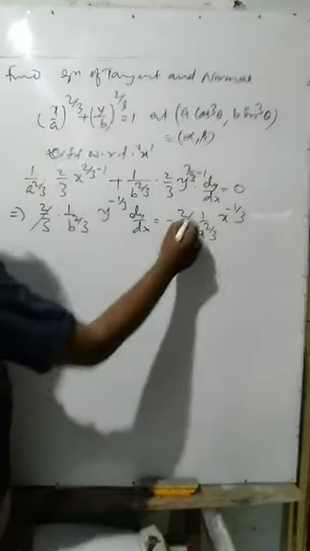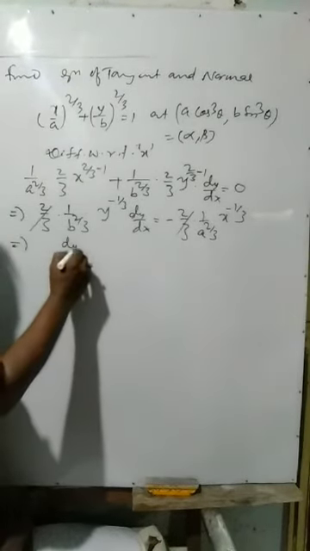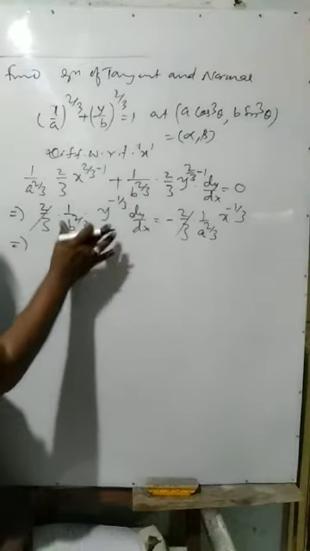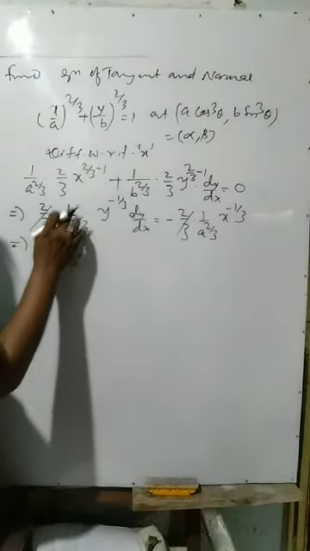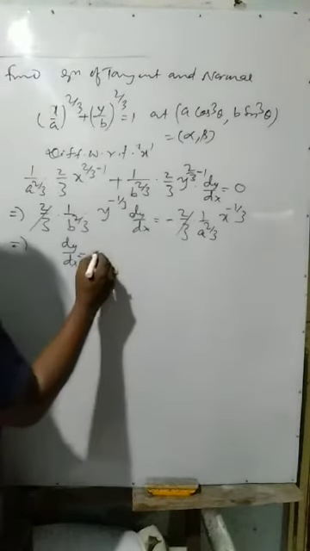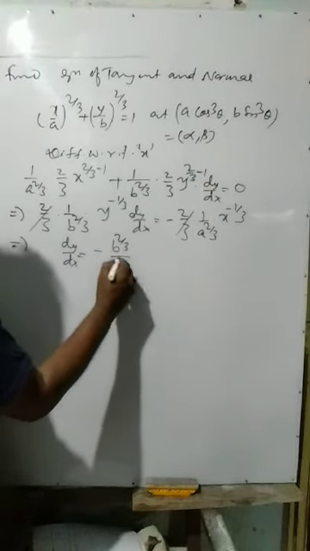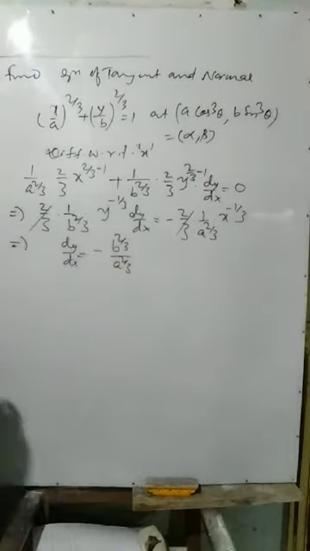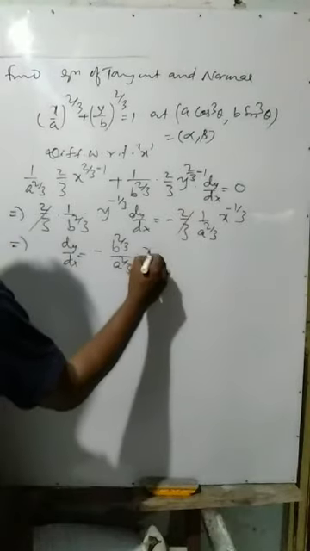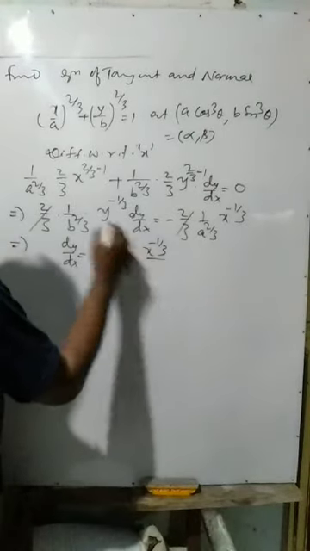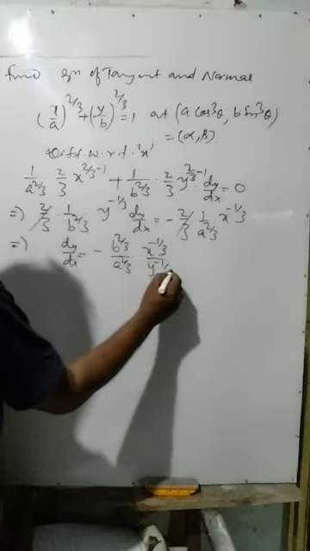Here 2 by 3 on both sides you cancel, and keep dy by dx here. Take this one to that side, then it will be b to the power 2 by 3 by a to the power 2 by 3 into x to the power minus 1 by 3 by y to the power minus 1 by 3.